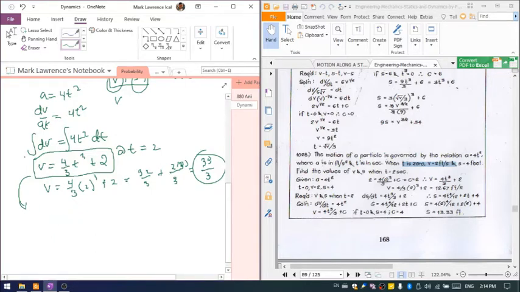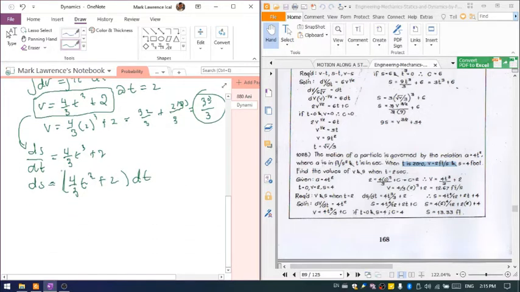So ds over dt is equal to 4/3 t cubed plus 2. ds is equal to 4/3 t cubed plus 2, enclosed in dt. So integrate both sides.